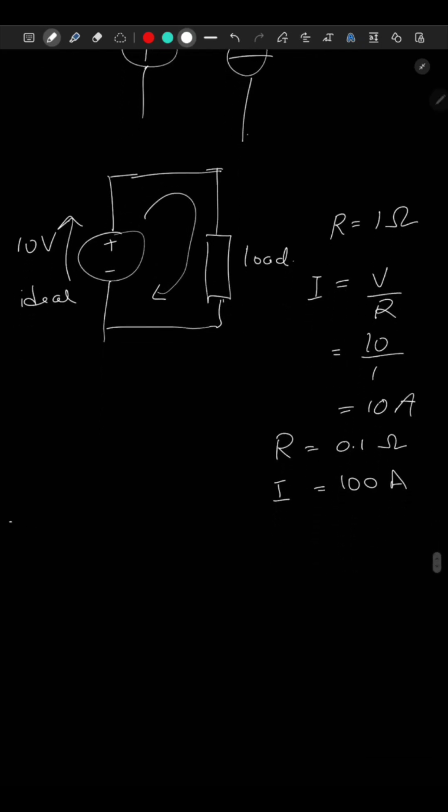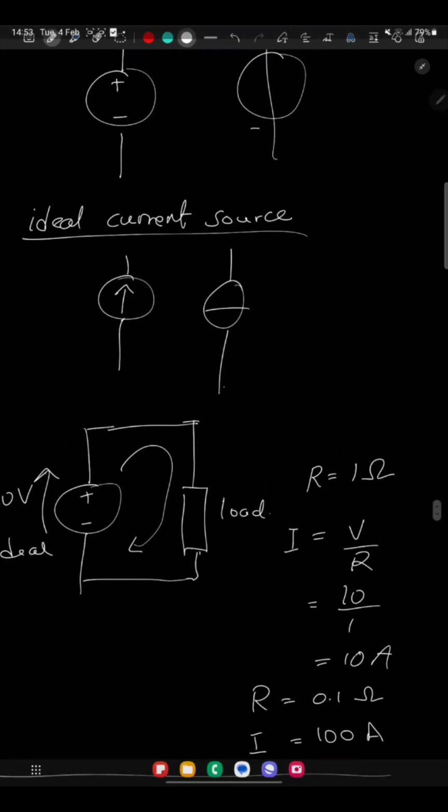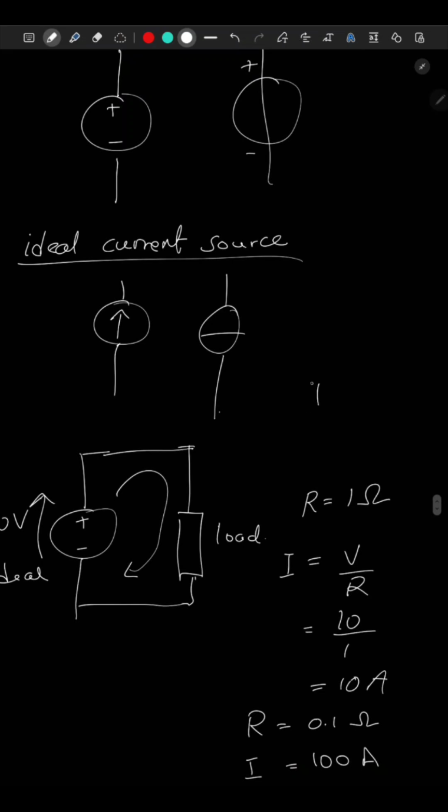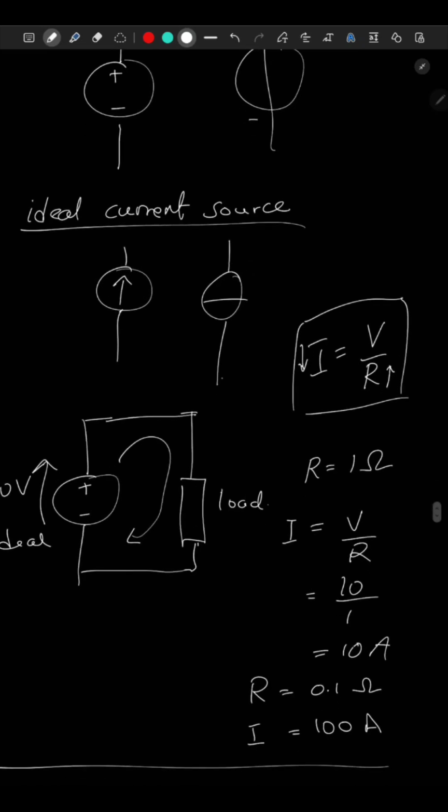This is by the definition of Ohm's law, which is I is equal to V over R. If you increase resistance, you decrease the current, and if you decrease the resistance, you increase the current.